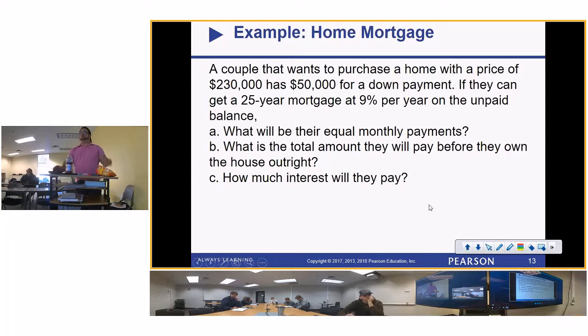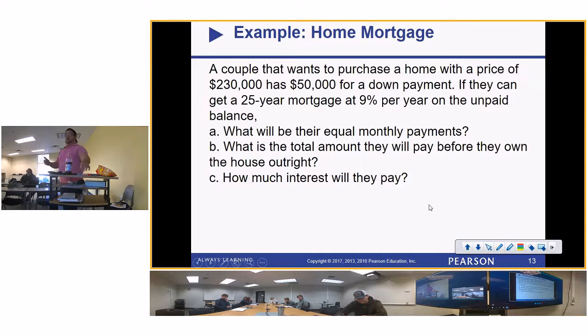A couple wants to purchase a home with a price of $230,000. They have $50,000, so they're going to pay $50,000. So how much is the loan going to be for? $230 minus 50 is what? $180. So they're going to borrow $180,000 from the bank.